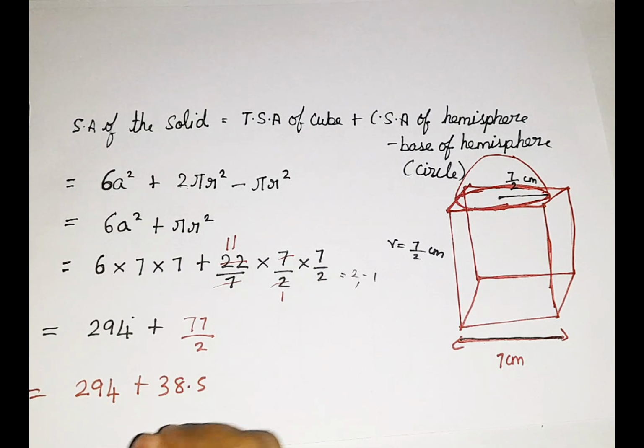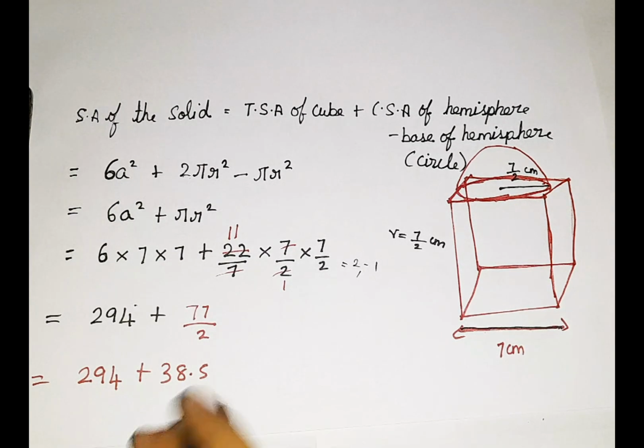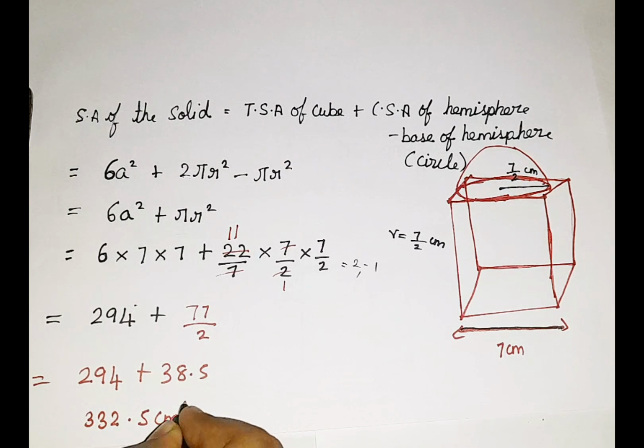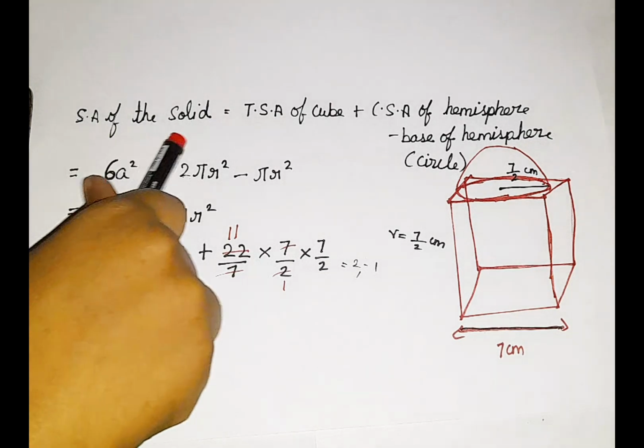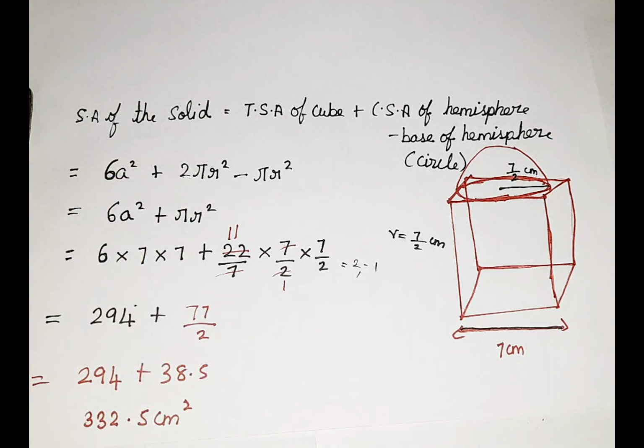Then when we add them, we get 332.5 centimeter square. Why is it centimeter square? Because we just found the total surface area of the solid. If we have volume, we are supposed to write centimeter cube. So this is the answer.